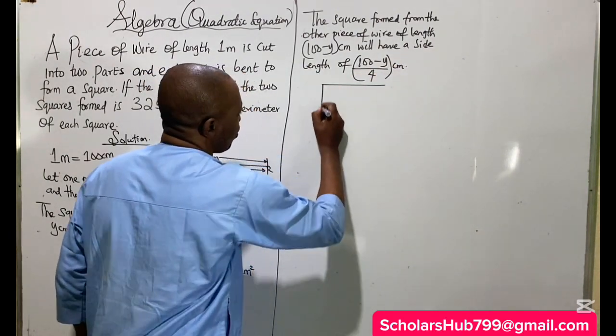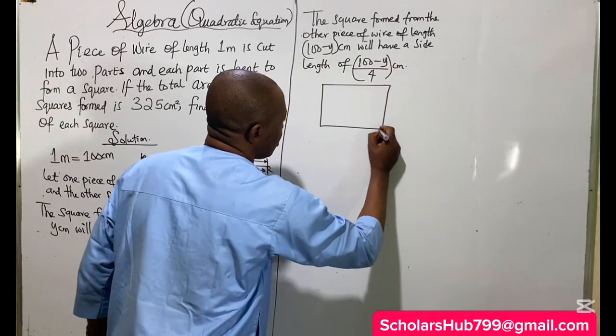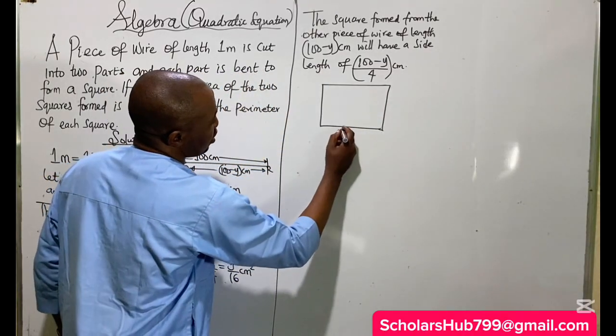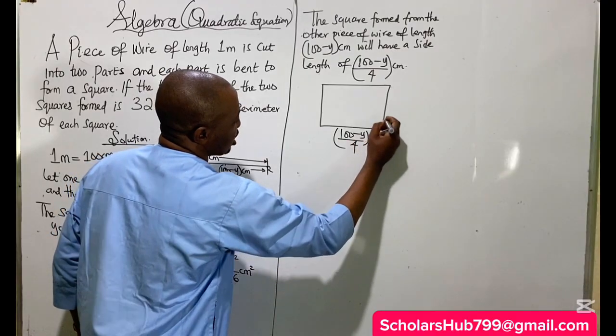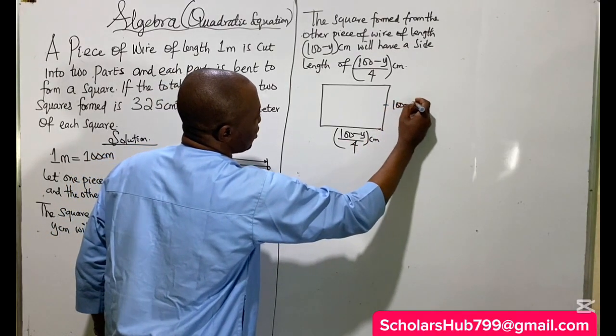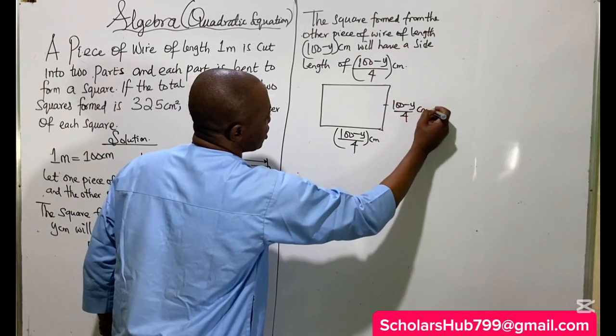The side length of the square would be 100 minus y over 4 centimeters.